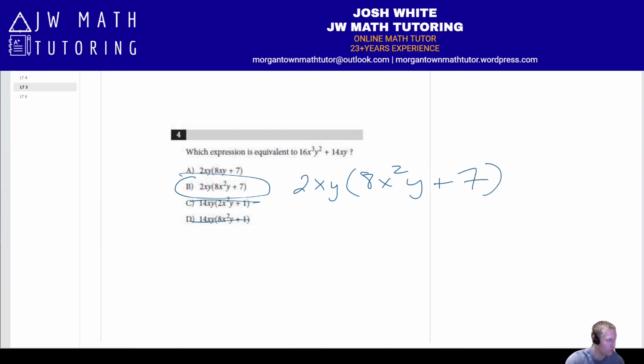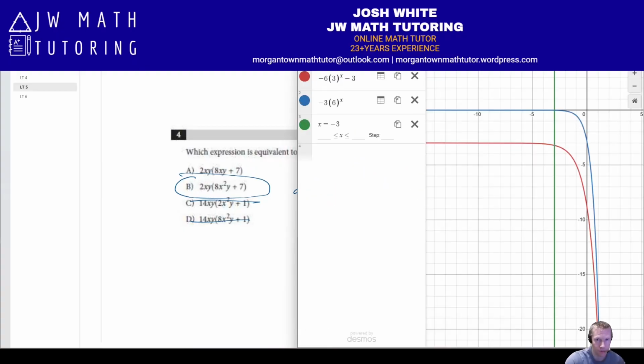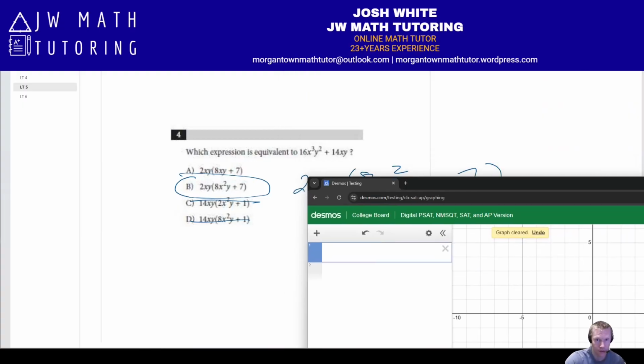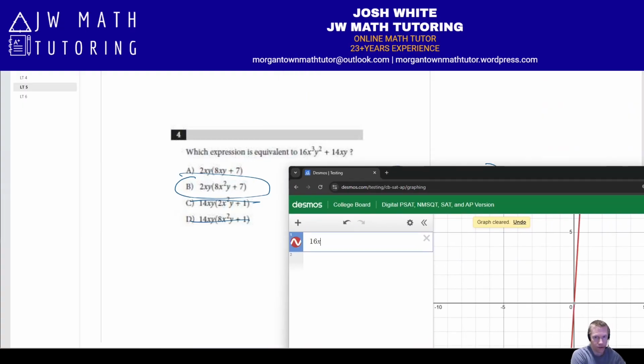Also, just so you know, I won't go through the full steps, the full work, but you can do this one in Desmos as well. You could just graph. Let's see here. It will not give us a graph for the first one.